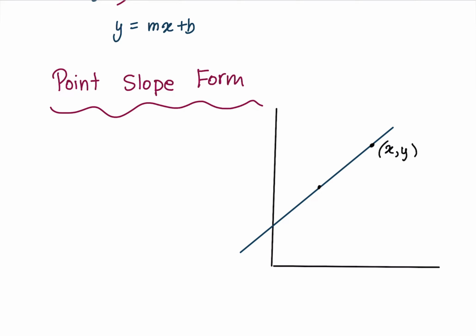And we're going to call it h, k. So before we get started, what is the point-slope form? Well, the point-slope form is written as y minus k is equal to m times x minus h.